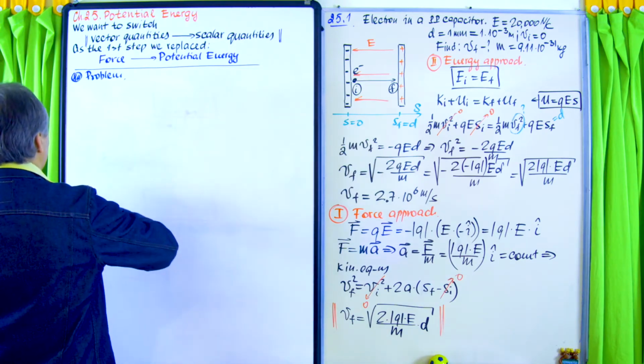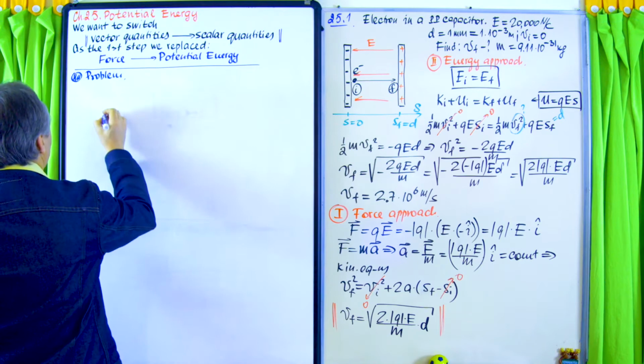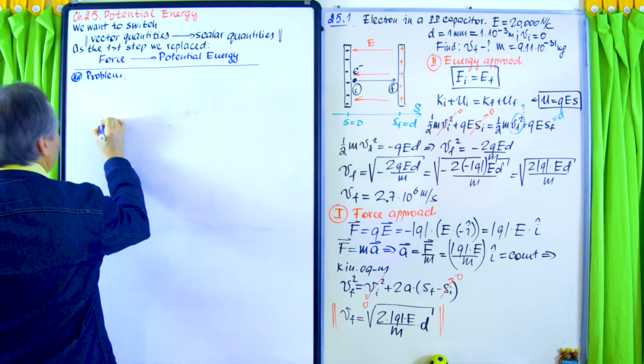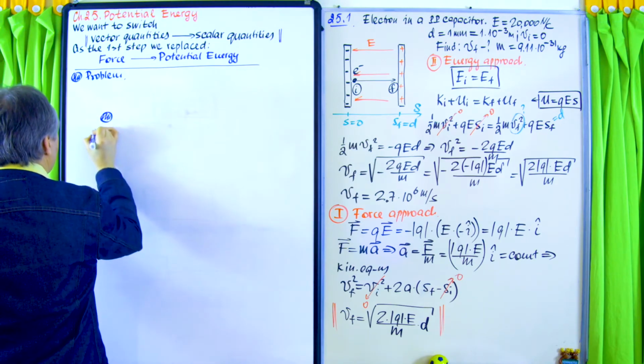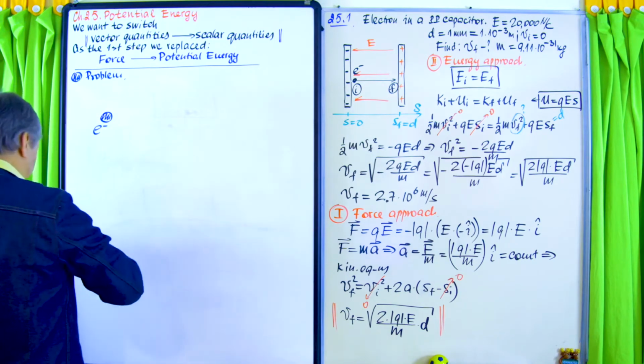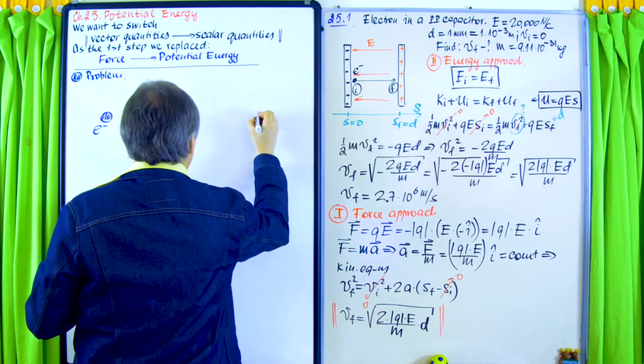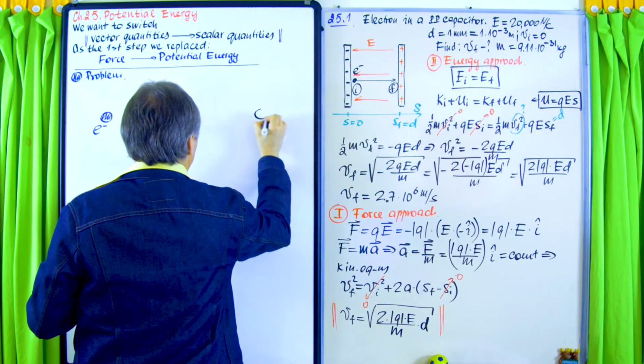Maybe I'll use, this will be my blue electron. Let me estimate the amount of space that I might need. Yeah, so that's electron number 1. And here will be electron number 2.